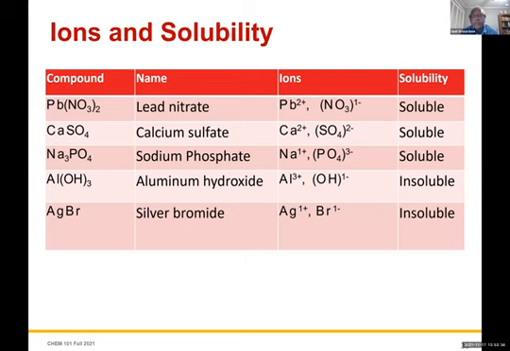Aluminum hydroxide is insoluble because most hydroxides are, except group 1A and ammonium. Silver bromide is insoluble because chloride, bromide, and iodide salts of silver are insoluble. So the chloride rule applies to bromide as well.